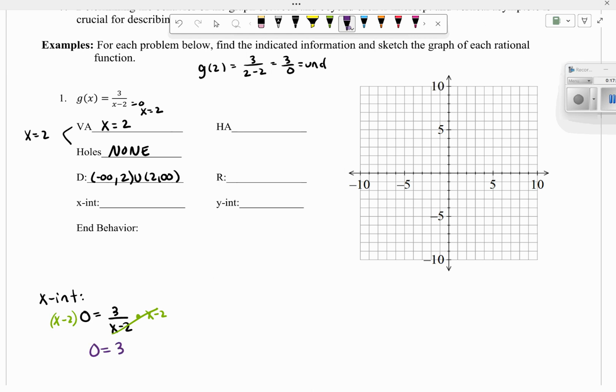So we get 0 equals 3, but 0 doesn't equal 3, so there are no x-intercepts in this case. Looking at the y-intercept, we plug 0 in for x, so we do g of 0, which gives us 3 over 0 minus 2, which gives us negative 3/2. So we get the point (0, negative 3/2).